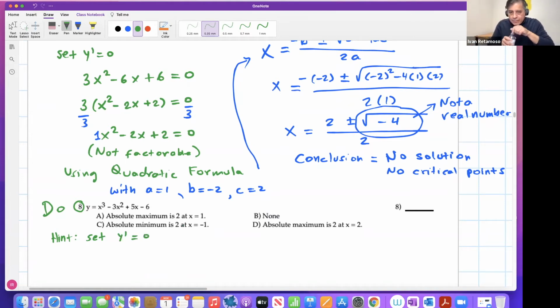If not, you know what to do. And then we have to talk about concavity. All right, guys, let's do it together so we can take the first break, and then later we will talk about concavity.